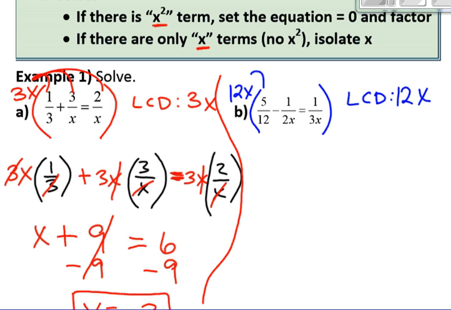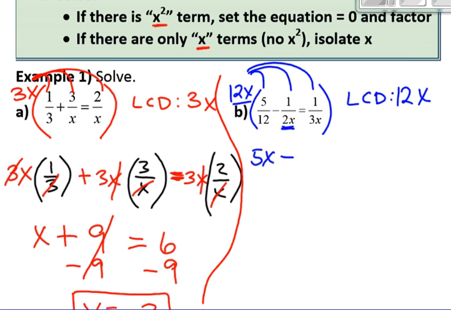So what I'm going to do when I distribute is think in my head. So 12x times 5 over 12. What's going to happen is those 12s are going to cancel, and then you're left with the x times 5, so you have 5x. Then I have 12x times 1 over 2x, and that's a negative.